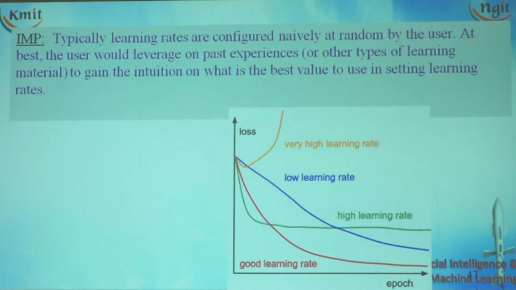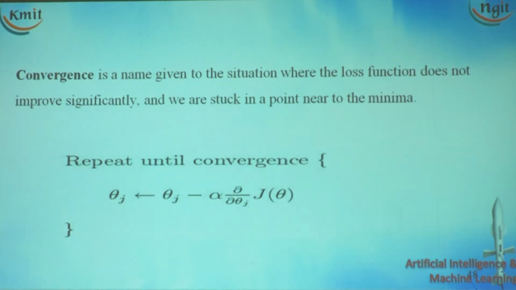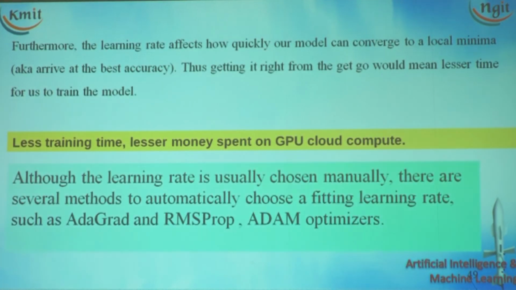To find that good learning rate, we have to go with different methods, that is ADAM, RMSprop, ADAGRAD. All these are the various optimizers. The optimizers play the important role to tune this parameter.